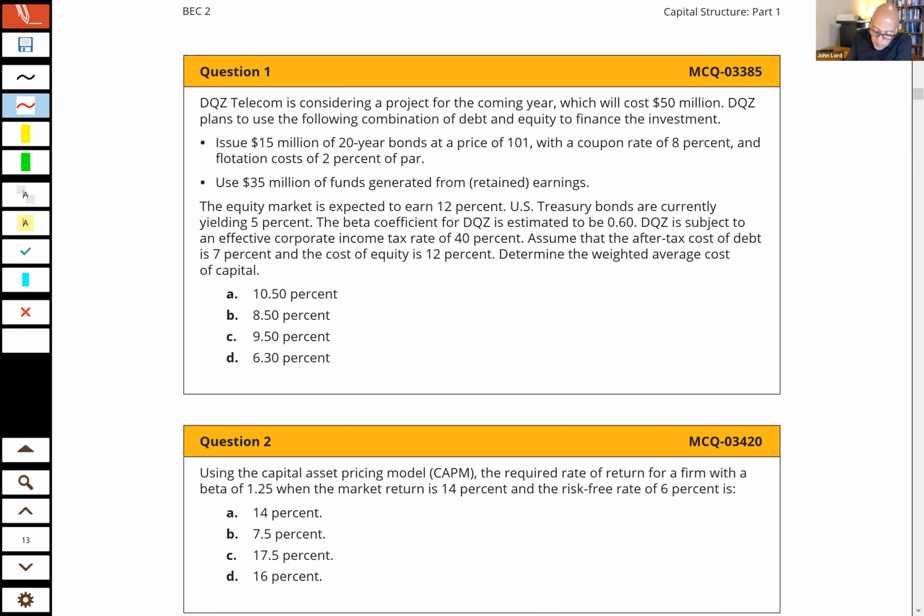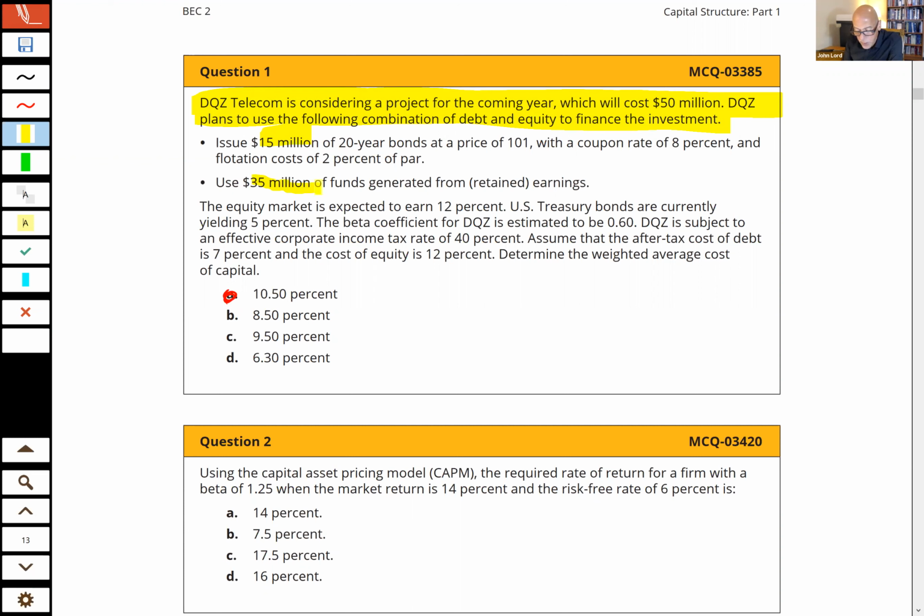Okay, let's just go ahead and read through it. DQZ Telecom is considering a project for the current year which will cost 50 million. DQZ plans to use 15 million of debt and 35 million generated from retained earnings.